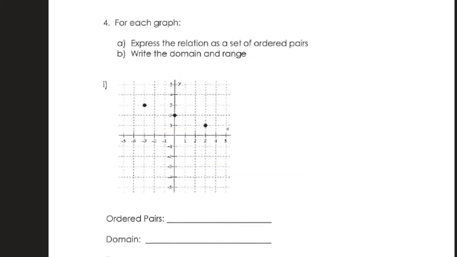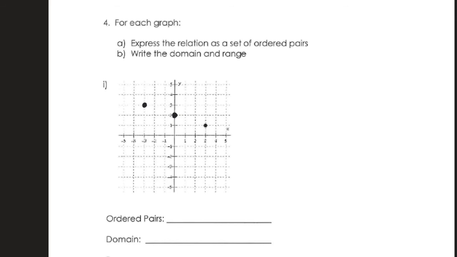When you look at the top of the page, you're going to see that for each graph, we've got a couple graphs here that we want to talk about. Step A, we have to express the relation as a set of ordered pairs. I'm hoping that if you printed off this lesson, it came through very clearly, but that you see we have these 3 points.